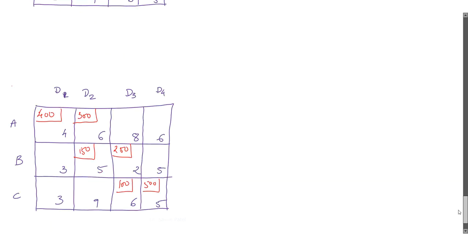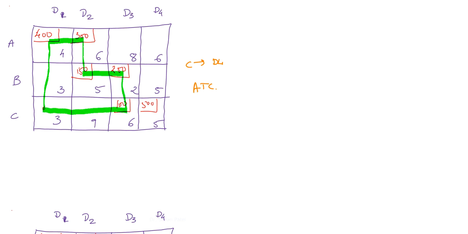Let's move towards the another, that is from C to D4. So the corresponding additional transportation cost, for that we have to think about the loop. So from here the only possible is here, then here, and then here, and move back.